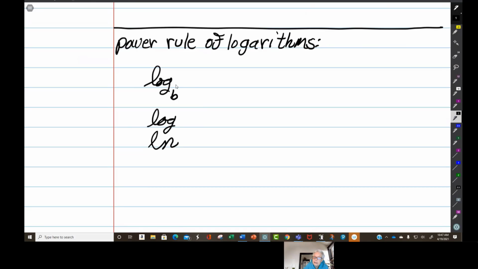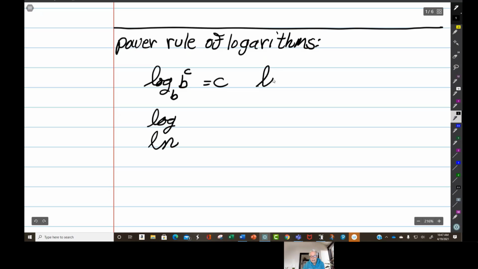Okay, let's just do the formula. Log base B of B to the C, then the answer is C. Is that cool? When that number and that number match, the answer is the exponent.